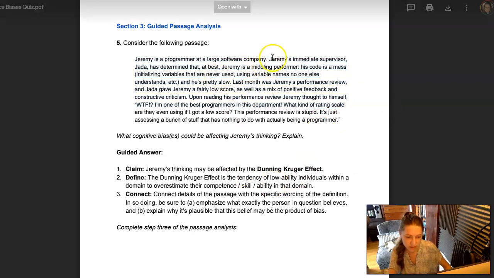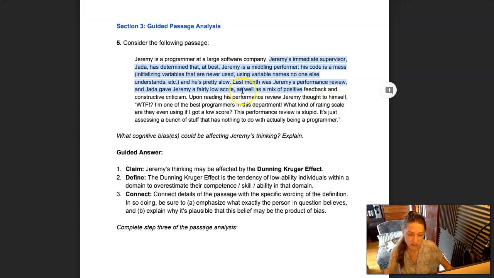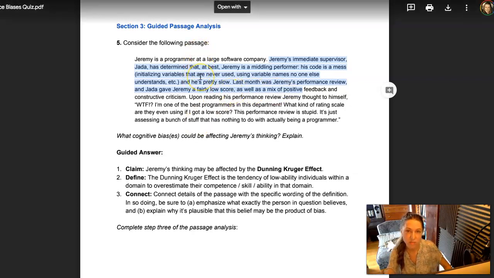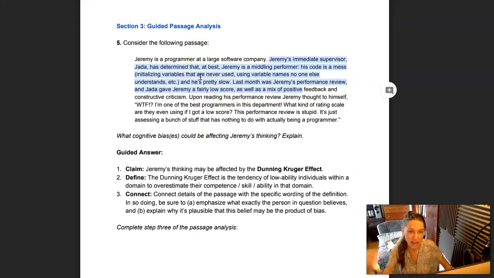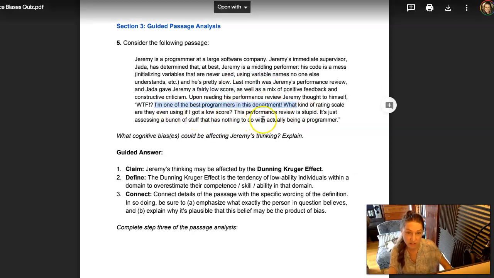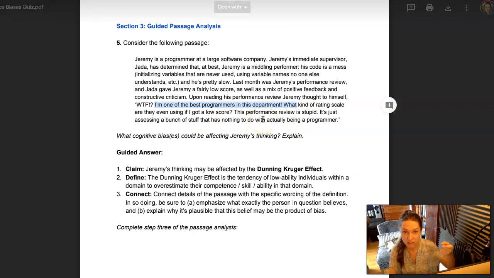So we can point to the fact that his supervisor has evaluated his performance, his skill level, as being middling to receiving a fairly low score, but Jeremy clearly thinks he is one of the best in the department and that he's awesome. So he's clearly estimating his competence to be high, and someone else is estimating it to be low.